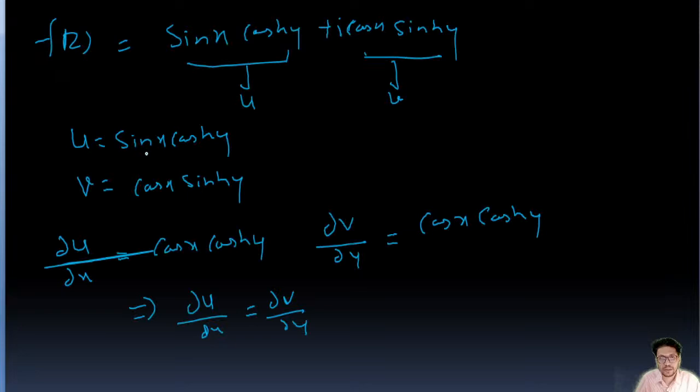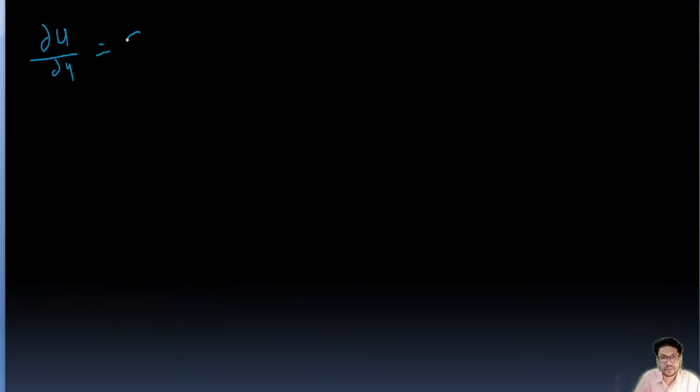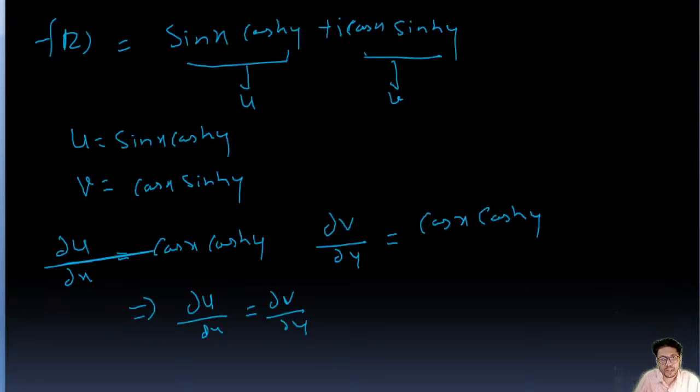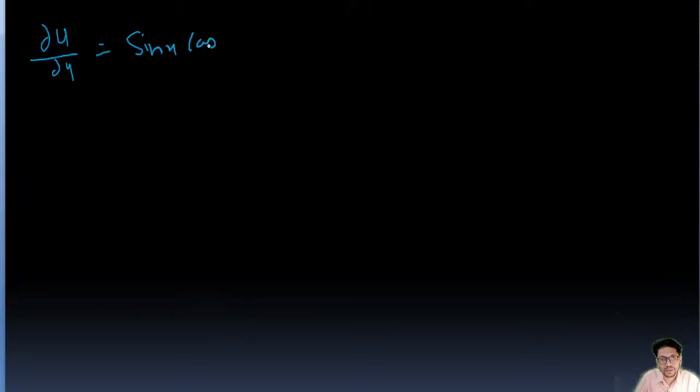Next, we'll find del u over del y. For u equal to sin x cos hyperbolic y, this is sin x sin hyperbolic y.